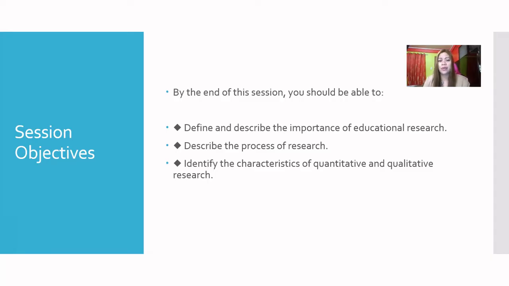Now, in these three objectives, we are going to be familiarized with what research is about, specifically educational research, what is its importance, and how it is really needed among us educators, and identify the process of research, be familiar with them, and be able to differentiate quantitative and qualitative research based on their characteristics. So let us start.